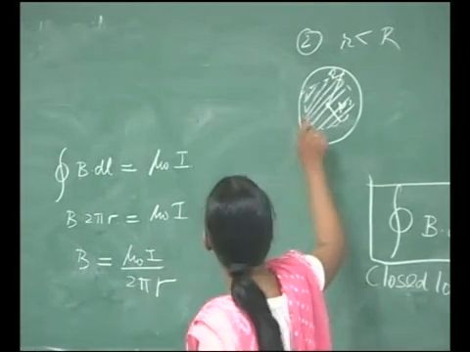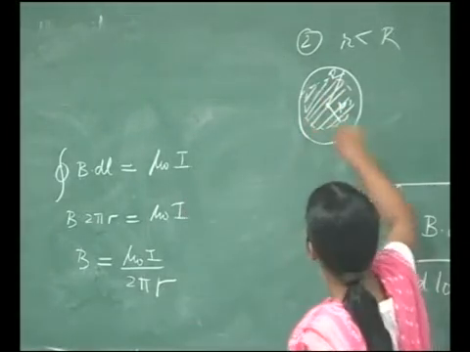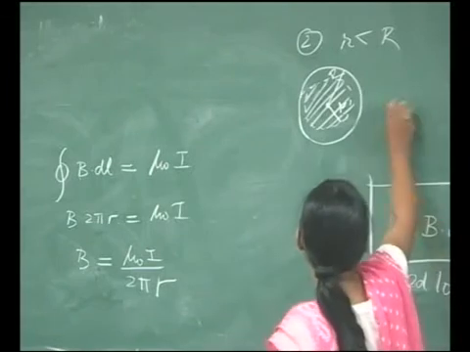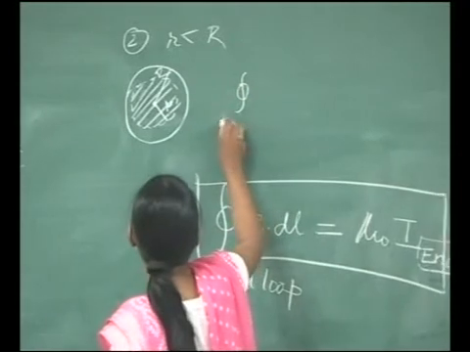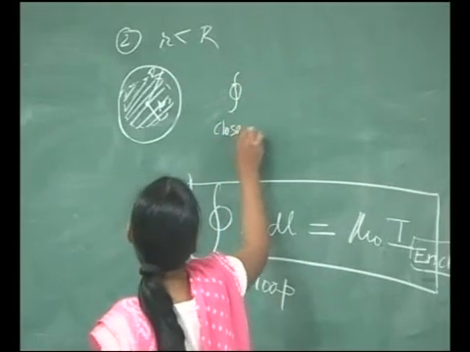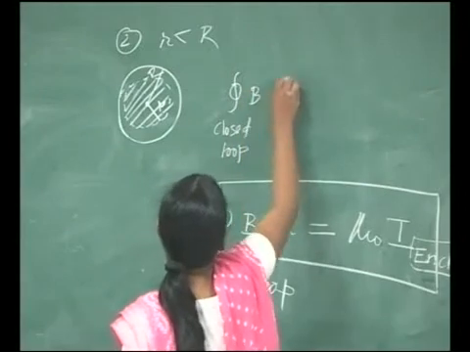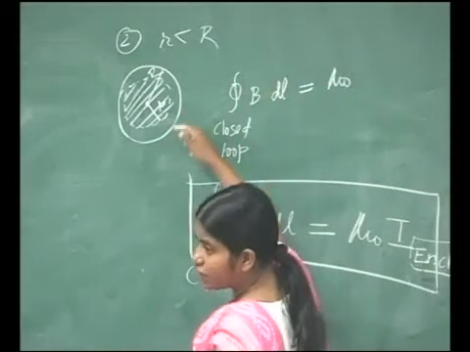Now what is this fraction? It is equal to this area divided by the entire area, times I. So I will write that the closed loop integral of B dot dl is equal to mu 0 times the fraction.